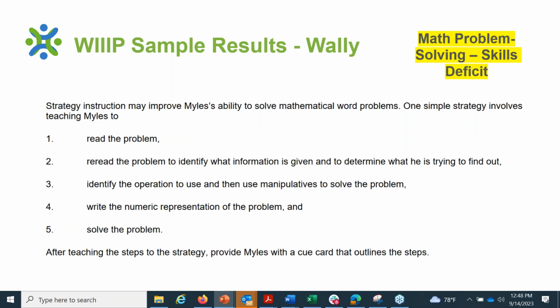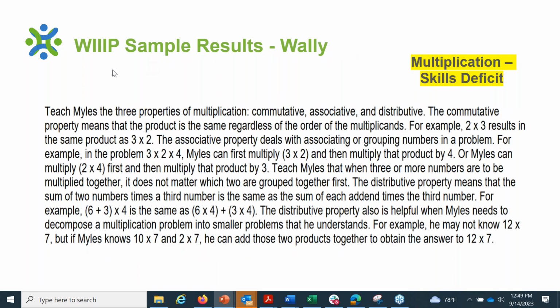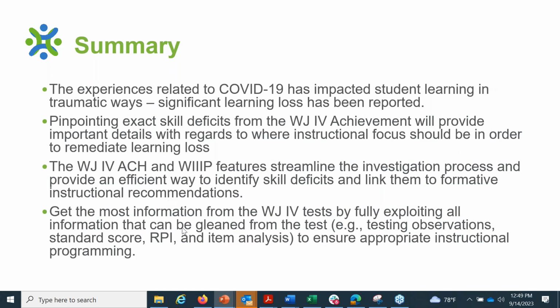So for Wally, the example that I showed you earlier, from the score report to the manual item analysis, and then using the system itself, has a strategy to improve mathematical word problems, and it gives you a specific set of items for what that student should be able to do. And then also the multiplication skills deficit. Again, the system will generate a formative intervention based off of that student's struggle with that multiplication.